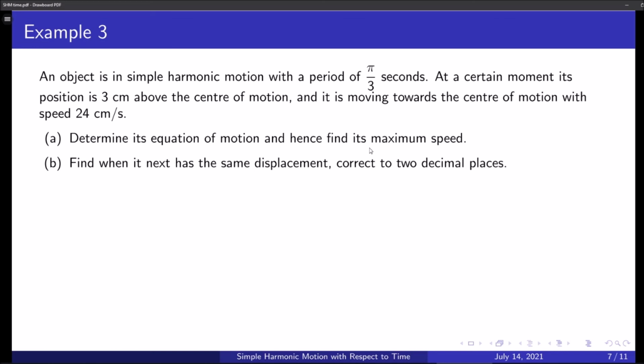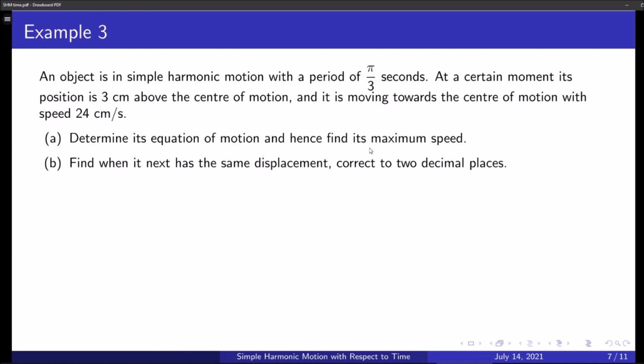Okay, so basically we can just pick this as our starting point, where the object is 3 centimeters above the center and is traveling at a speed of 24 centimeters per second.